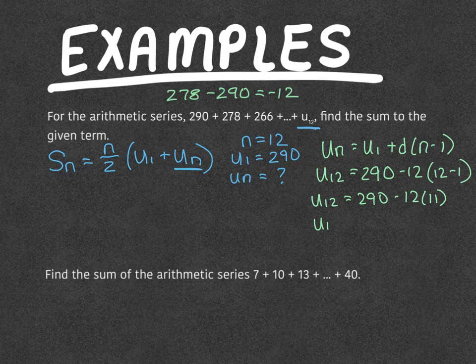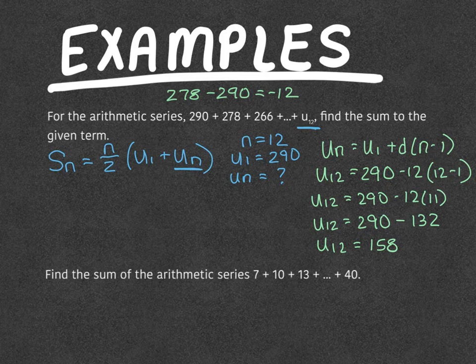So 290 minus 132, and that comes out to 158. Now we can go ahead and plug into our sum equation.